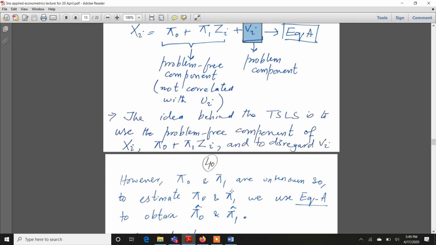However, pi naught and pi 1 are unknown, so we have to estimate them. So what do we do? We run a regression of xi on zi, and we will get pi naught hat and pi 1 hat. That is the sample estimate of pi naught and pi 1.